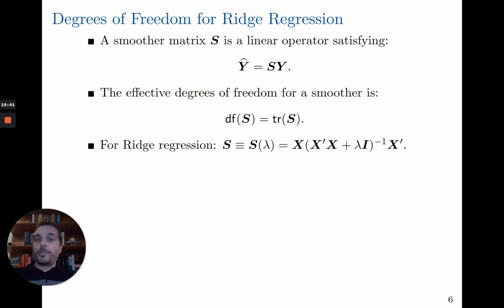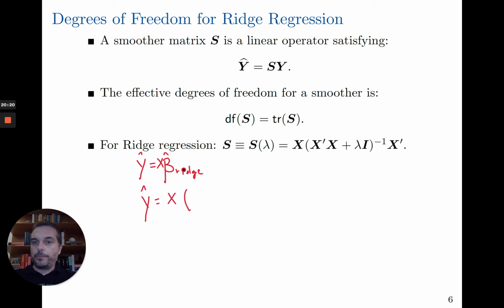In the case of ridge regression, who is S? It is X (X prime X plus lambda I) inverse X prime. Why is that? Well, who is y hat? y hat is X times beta ridge.